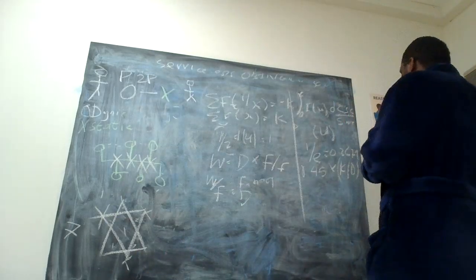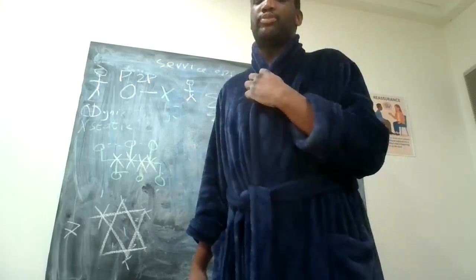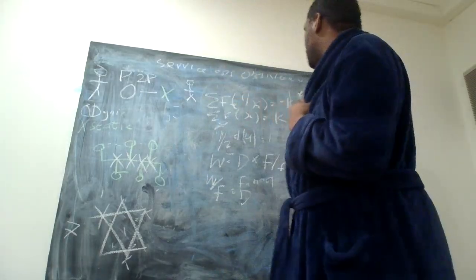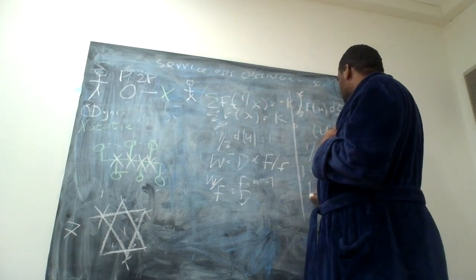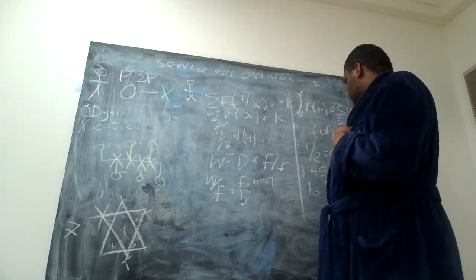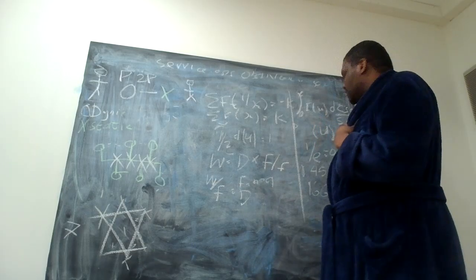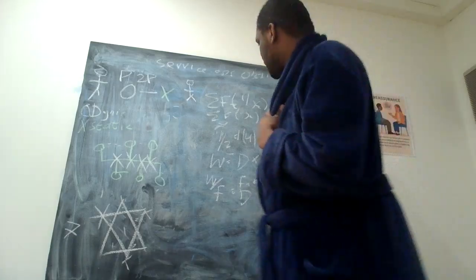That will be 0.45. So times 0.45 times 0.45 is 0.16655. And this unit is basically the kind of space.